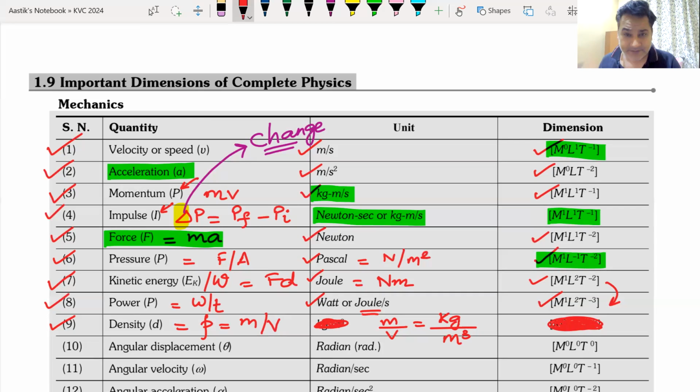Now you can get the dimension very correctly. Just put the dimension of M and put the dimension of V, divide them and tell me what is the dimension of density. Tell me, what is the dimension of density?